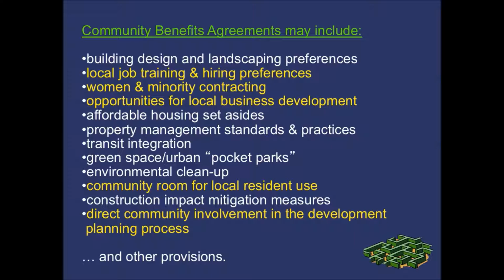Certainly housing affordability is a pretty standard topic when we're talking about residential development. And there's a whole list of other ones, some environmental and sustainable development focused, others getting creative with the actual space and looking at whether there's opportunities to allow for neighborhood groups to meet on site for free, and even in some cases developing entrepreneurial opportunities and encouraging business development of local mom and pop businesses.